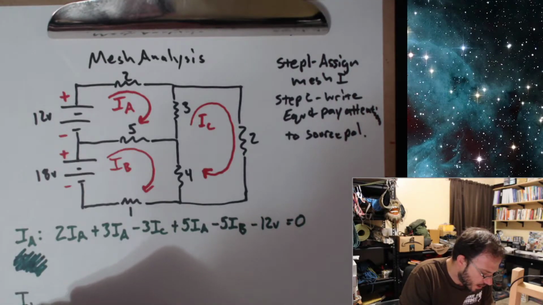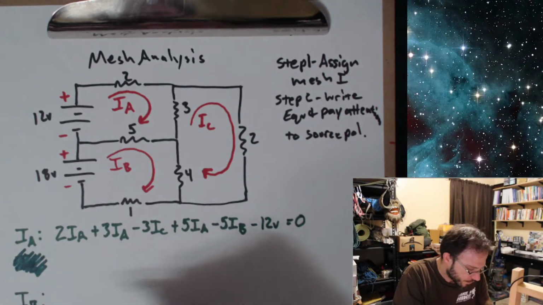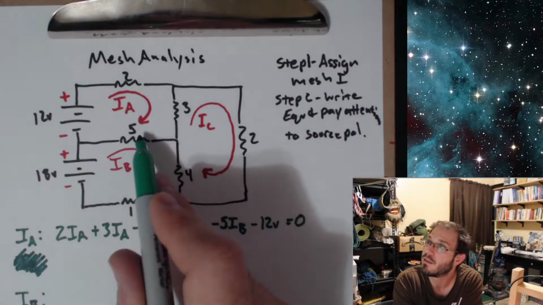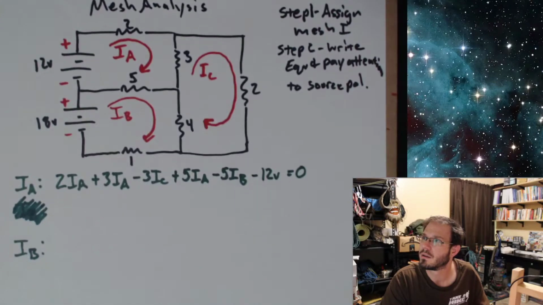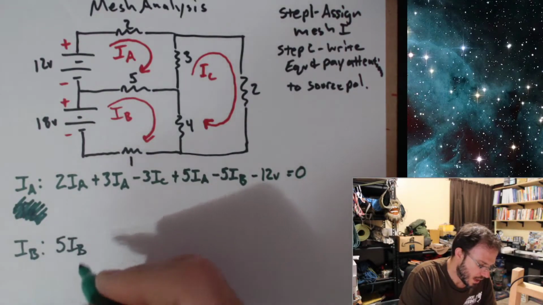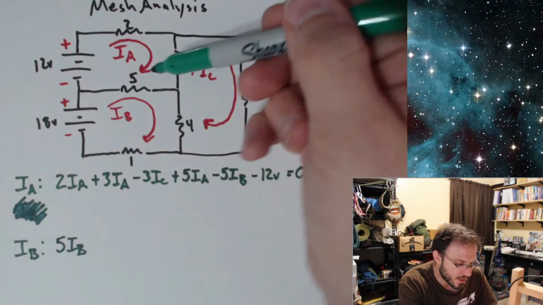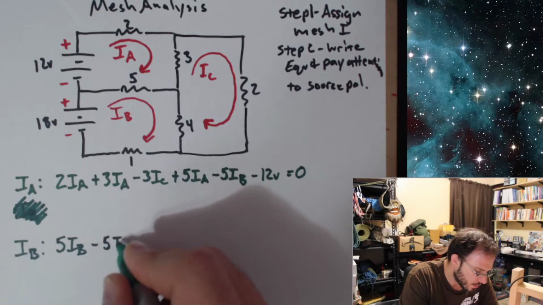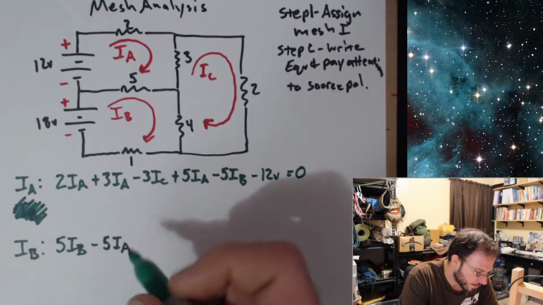Let's do IB now. Okay, for IB, I'm going to do the same thing. Start over here. I get 5IB. However, IA is also involved. It's going in the opposite direction, so minus 5IA.